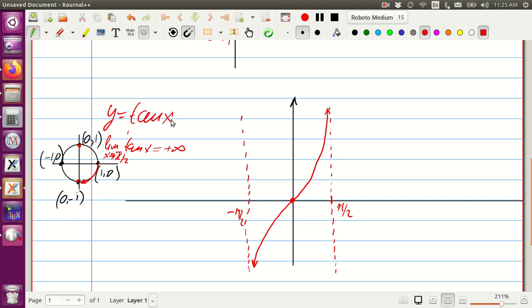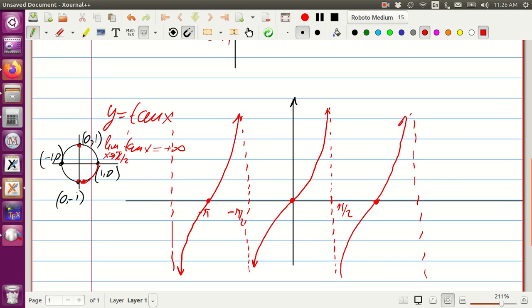It's just the question from which side we approach infinity, right? So this is a tangent graph, and it keeps going like this.